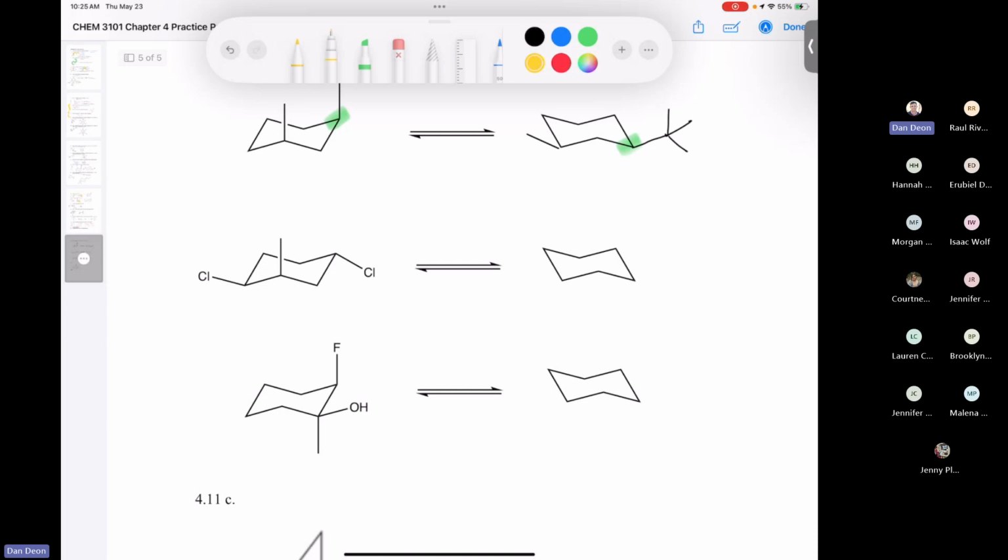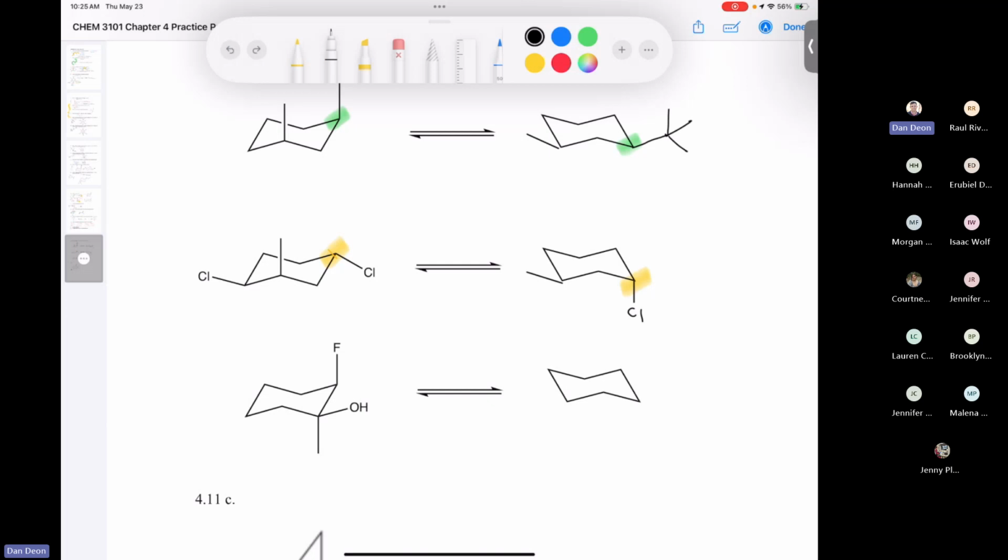This one, again, if this is our carbon here, I'll just move it down here. If the chlorine is going down and equatorial in the first one, it has to be going down and axial here. Then you go 2 carbons away, and you have a methyl group going up and axial, so it must be up and equatorial in this one, and then you have a chlorine going up and equatorial, so it must be up and axial.